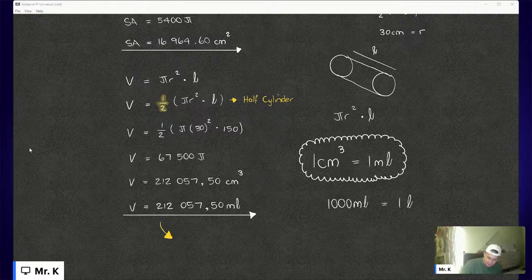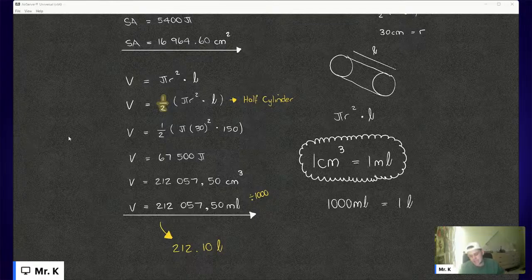So if I take my final answer over here and just for my own sake divide it by 1,000 so that the number is a little bit more readable, it means that I actually have 212.10 liters. So looking at a trough like this that animals are going to drink out of, does it make sense that I would put 200 liters in there? And yes, guys, that does make a fair amount of sense.